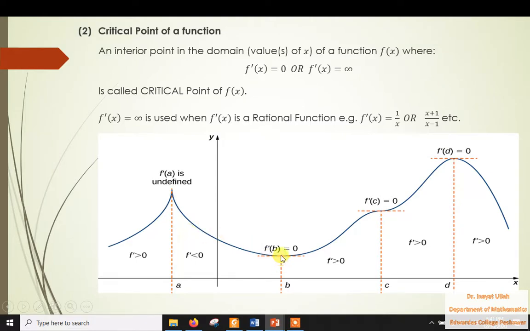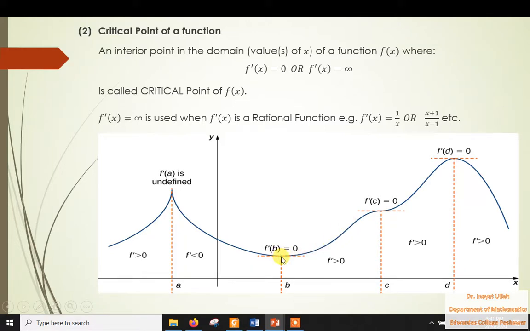Similarly here, f prime b is equal to 0. So we see here that at this value of x, the height of the function is minimum, and this height divides this graph. We see here that this graph goes downwards up to here, and then from this point this graph goes upwards.